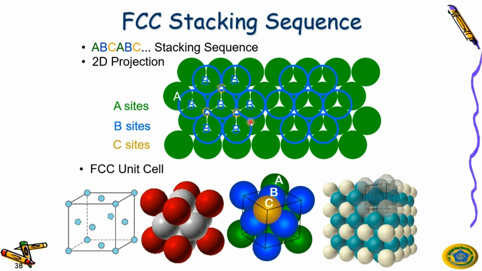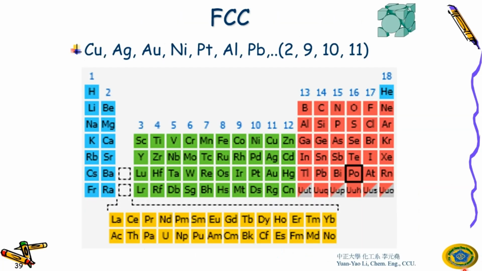So for the FCC, it will be the C site. And I'm going to talk to you about the packing sequence of HCP, hexagonal close-packed. That will be ABAB. I'm going to show you this very soon. Okay, so this is the FCC stacking sequence.